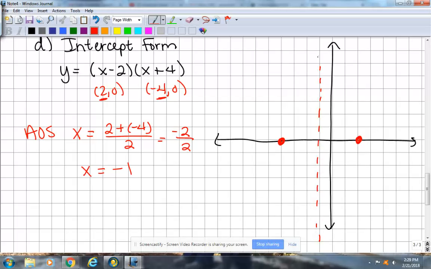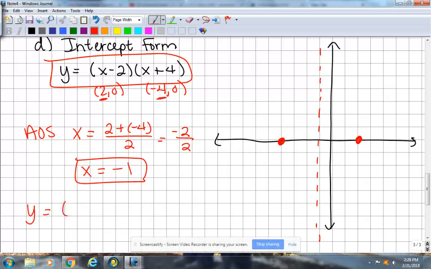So how do we think we get the y value to get our vertex? Plug it in for the x's in the original problem. Plug -1 in for your x's. So (-1 - 2)(-1 + 4). We do inside the parentheses, then we multiply the 2 numbers.